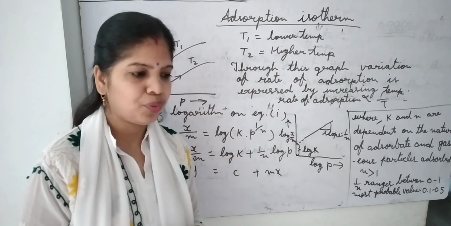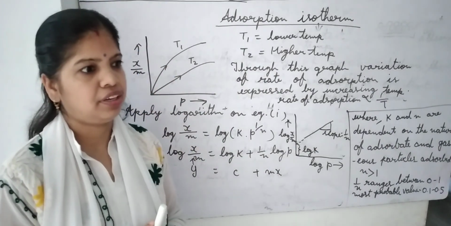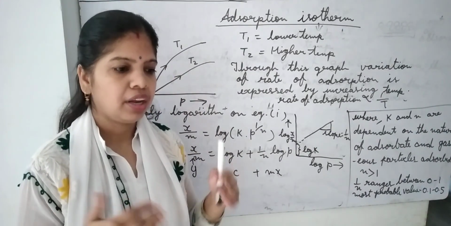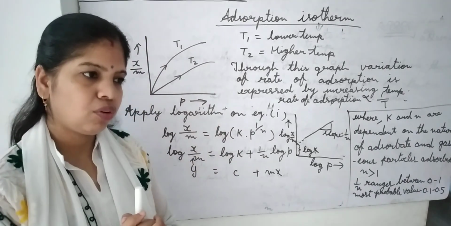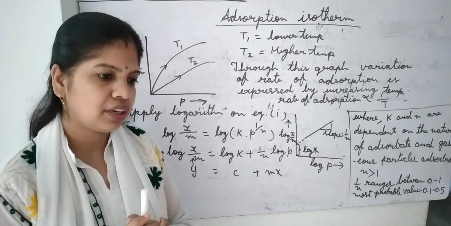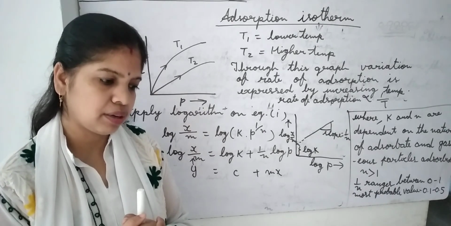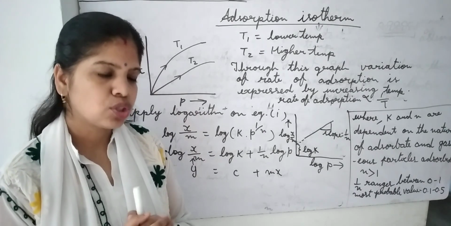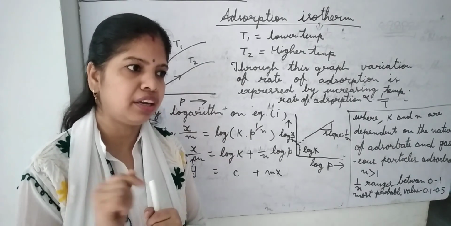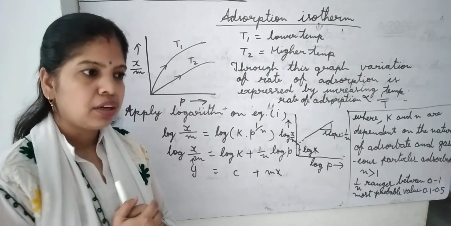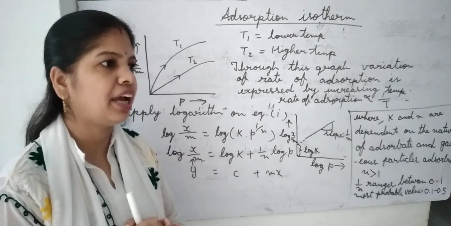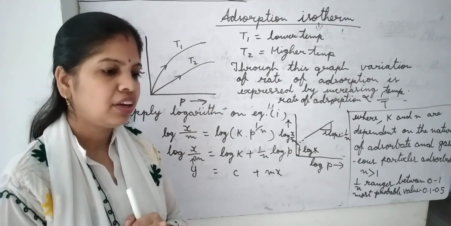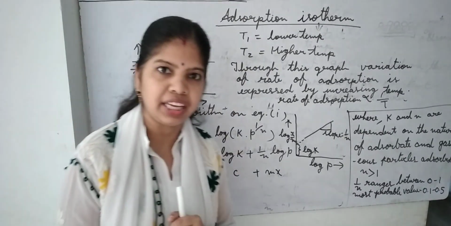Now, as we know, at high pressure the adsorption process increases, but at lower pressure the adsorption process is less. So initially, when we are increasing pressure, it will be observed that the rate of adsorption will increase.